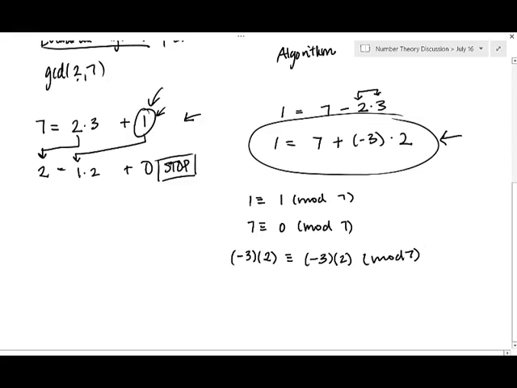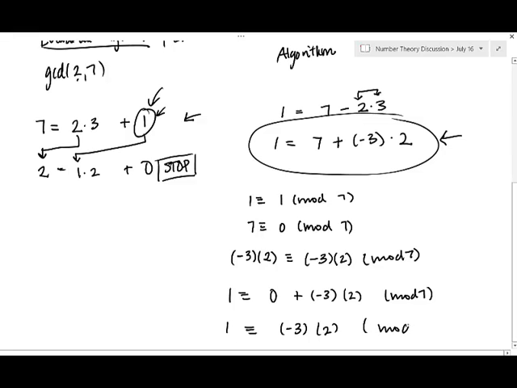Basically I'm taking this equation and looking at it in the mod 7 world. So I get 1 is congruent to 0 plus negative 3 times 2 mod 7. So 1 is congruent to negative 3 times 2 mod 7.